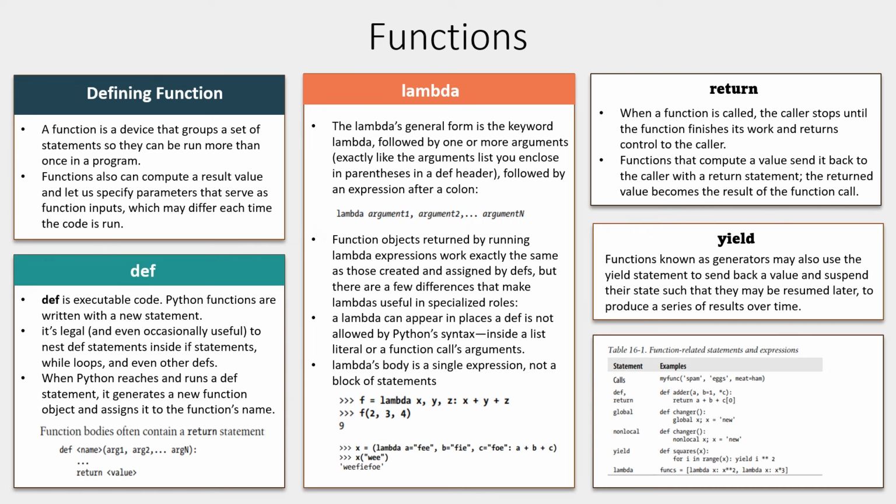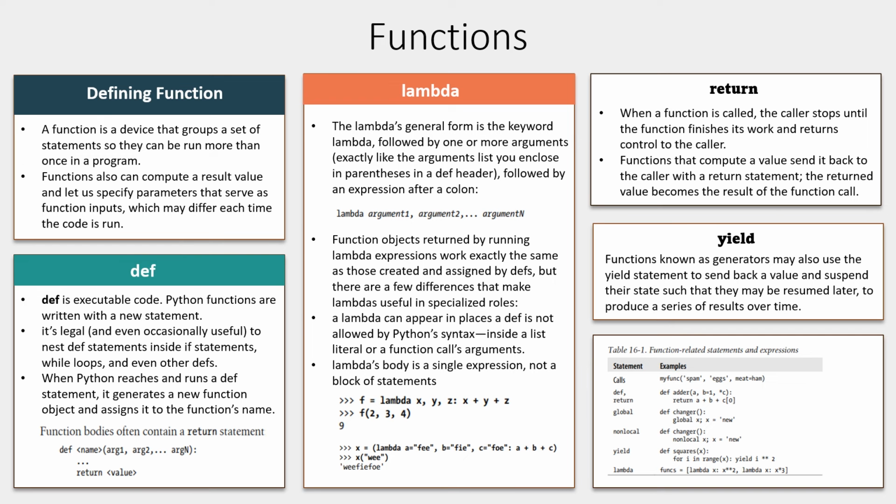Yield is generally used to convert a regular Python function into a generator, and the values from the generator can be read using a for loop, list typecasting, or the next method. Here I have given some examples, but we will use Jupyter notebook to code all these things that we have discussed so far.